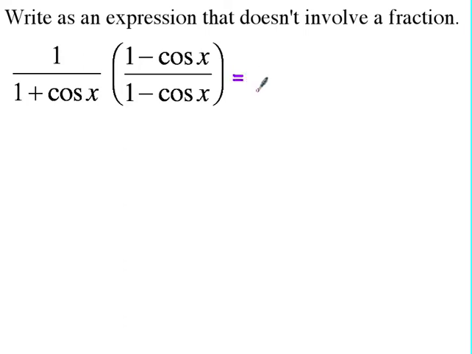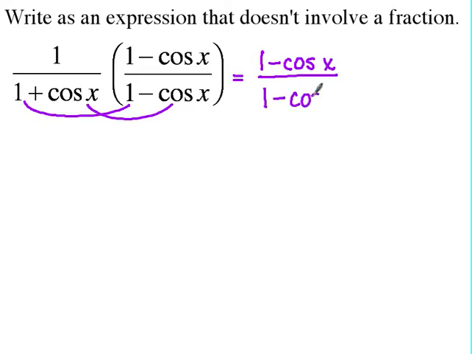So on the top, I have 1 minus cosine x. On the bottom, with conjugates, remember we talked about the fact that all you have to do is multiply the first terms and the last terms. So what do I get when I multiply the first terms? 1. What do I get when I multiply the last terms? Negative cosine squared x.